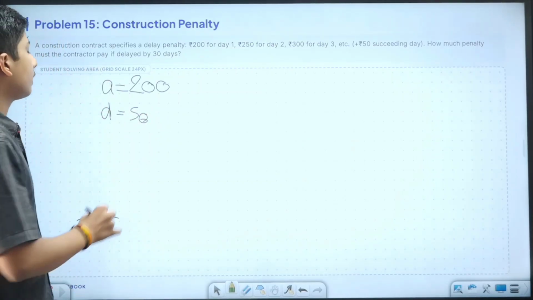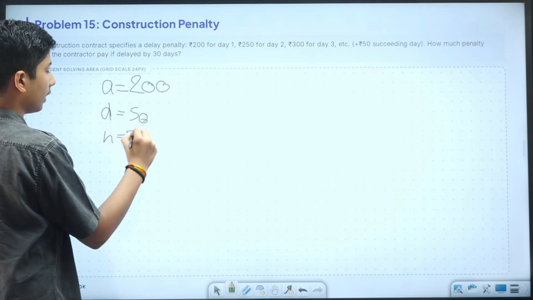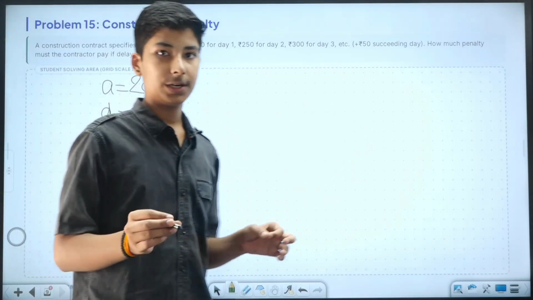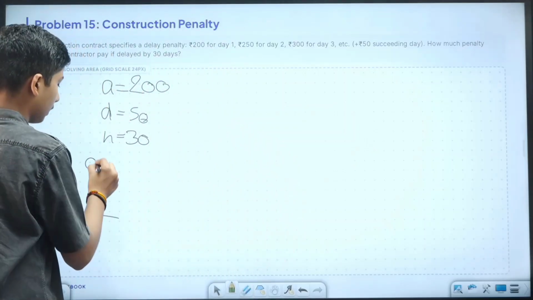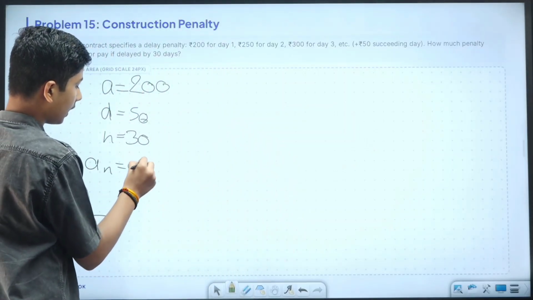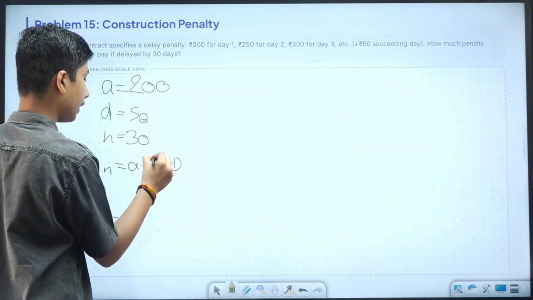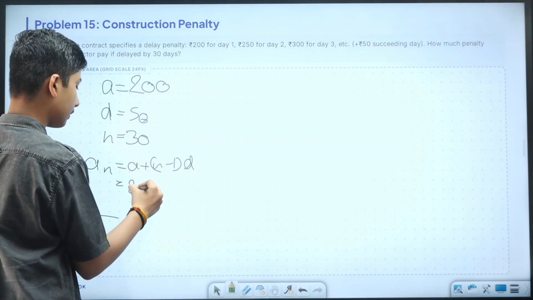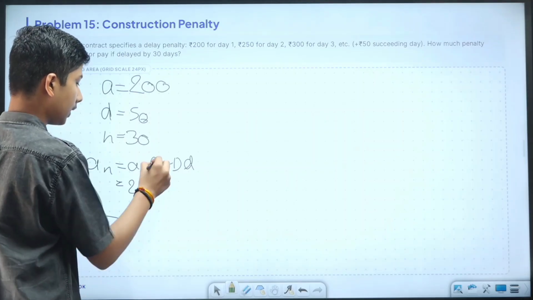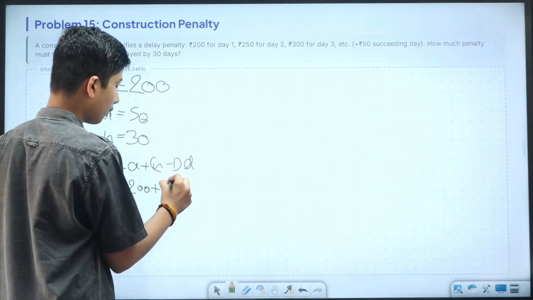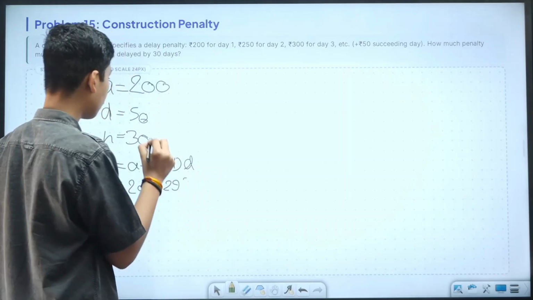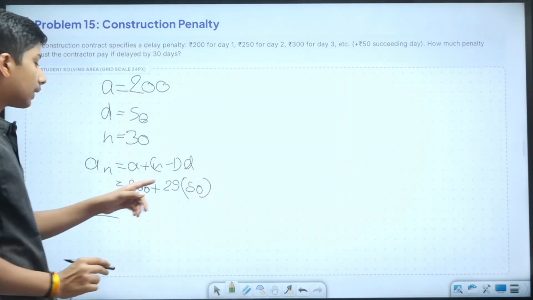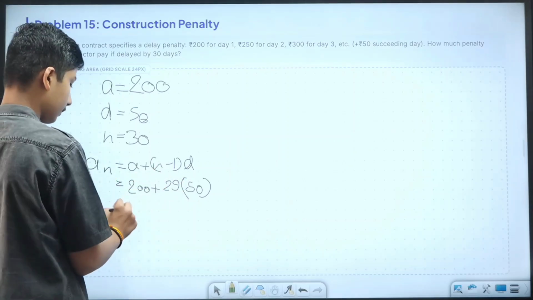Now, n is given. n is 30. Now we have to find out a plus n minus 1 d, means nth term. an equals a plus n minus 1 into d. When we solve it, a is 200 plus n minus 1 means 29 into d is 50. 29 into 50 plus 200.